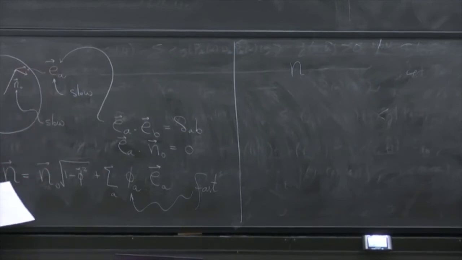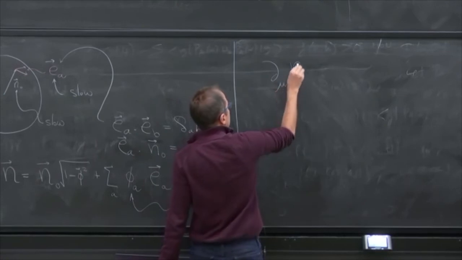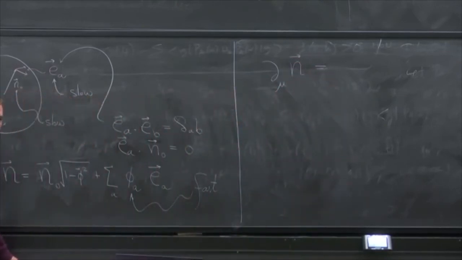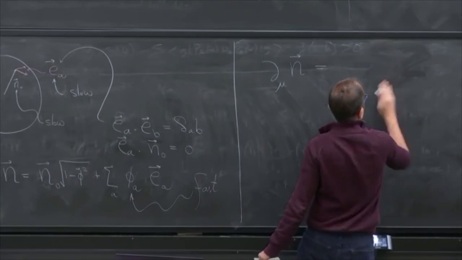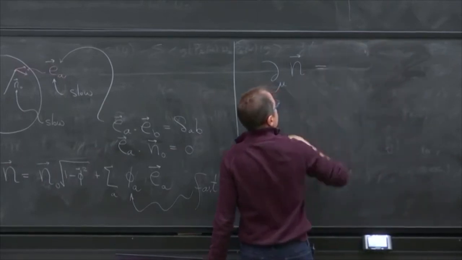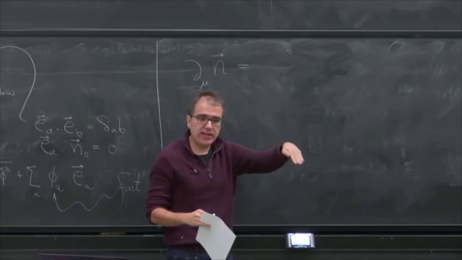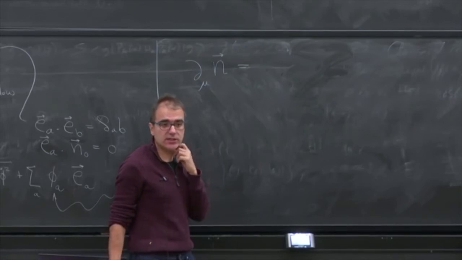So any vector n I can decompose into these vectors, right? n was just one example. So I can also do it for d mu of n. Now, d mu of n will have components in the direction EA and components in the direction n. What can you say about those in the direction n?